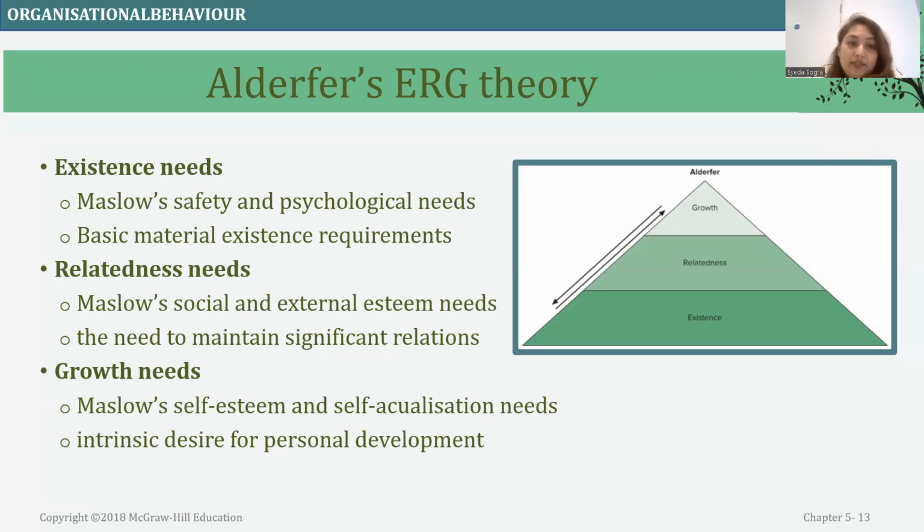Moving to relatedness, this is a blend of social and external esteem needs of Maslow's hierarchy of needs, and this focuses on the need to maintain significant relationships. Growth caters to Maslow's self-esteem and self-actualization needs, which is the desire for personal development.